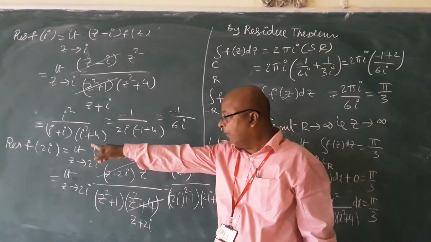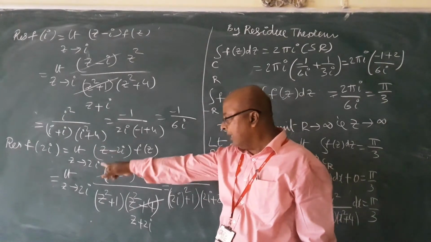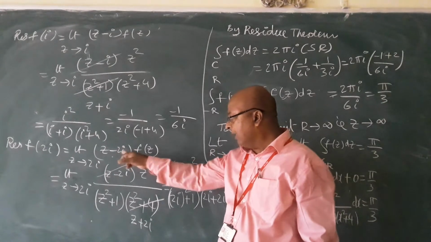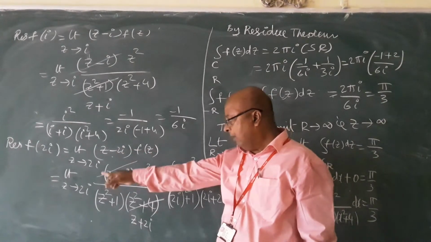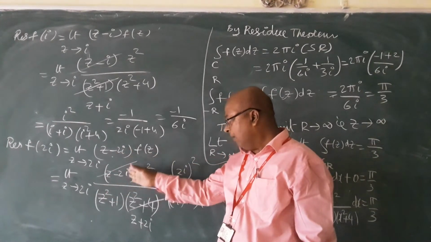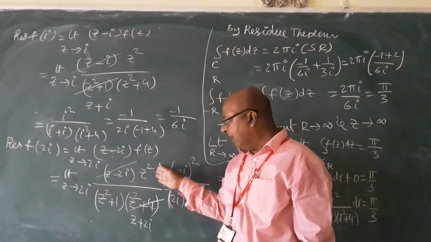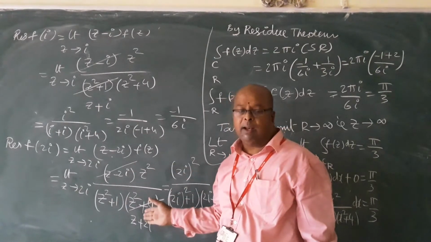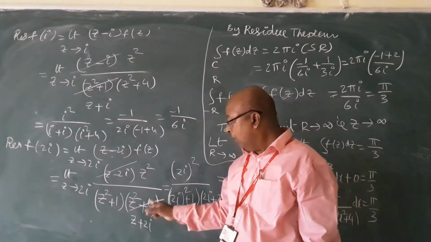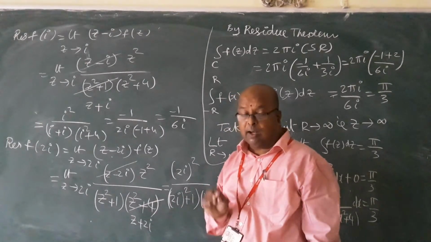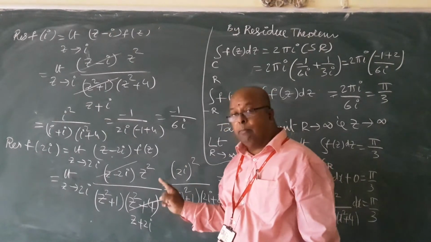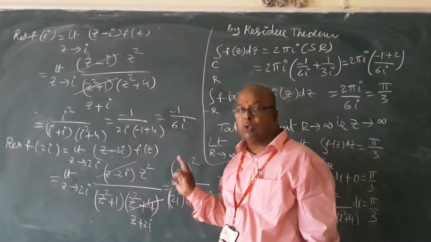Next, residue f of 2i is equal to limit z tends to 2i, (z minus 2i) into f of z. Here z square plus 4 can be written as (z minus 2i) into (z plus 2i).